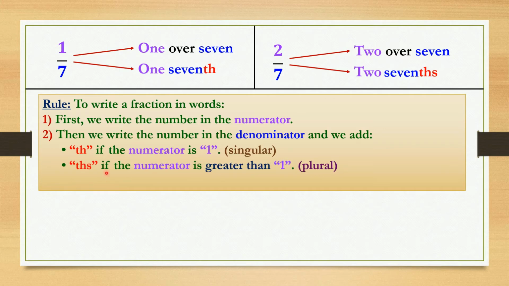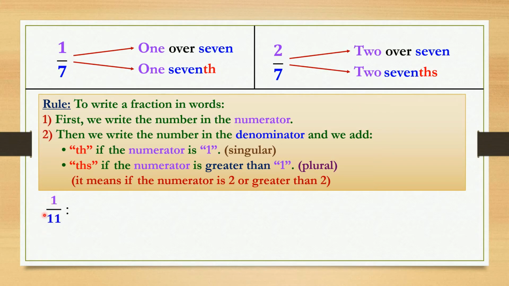We add ths if the numerator is greater than 1, plural. It means if the numerator is 2 or greater than 2, we add ths in the end of the denominator.